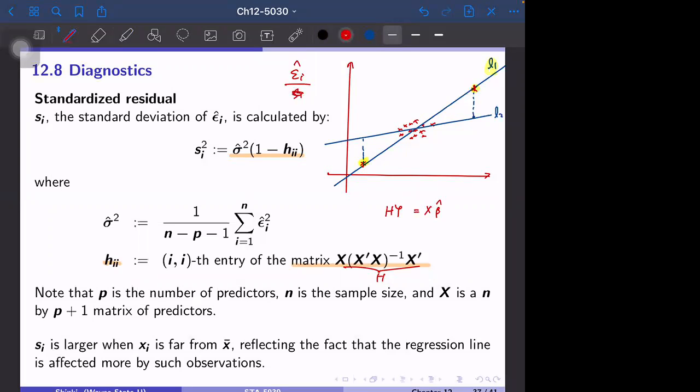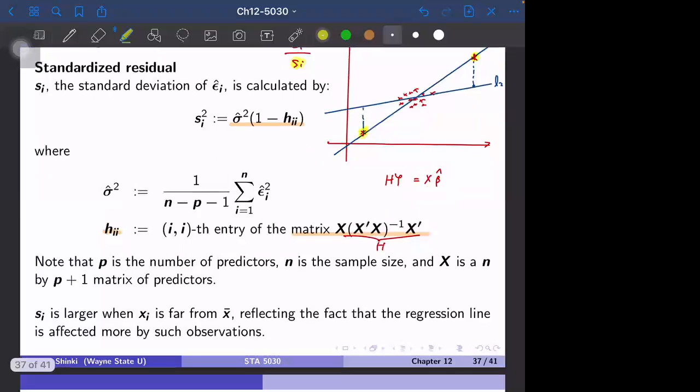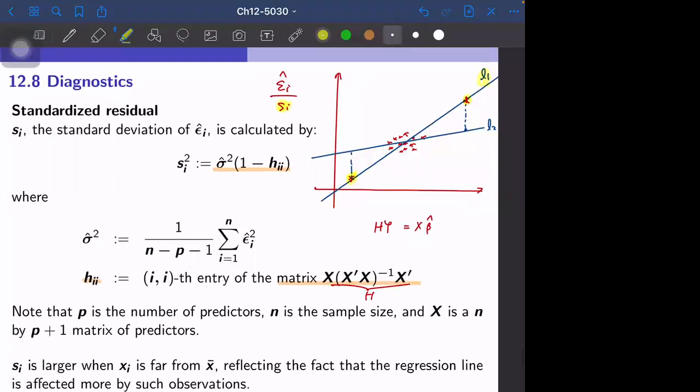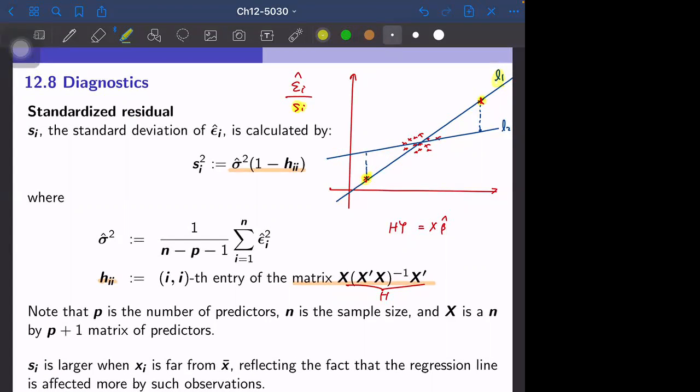So s_i is smaller for these two observations, so that the standardized residual gets larger. Anyway, this is a technical adjustment for the residual. So usually s_i is larger when X values are far away from the center.